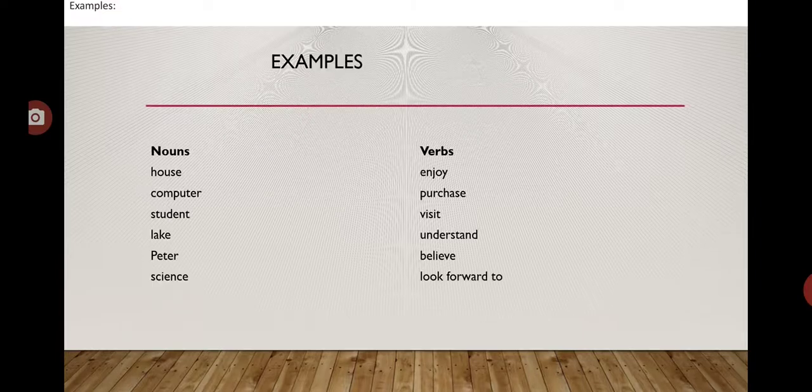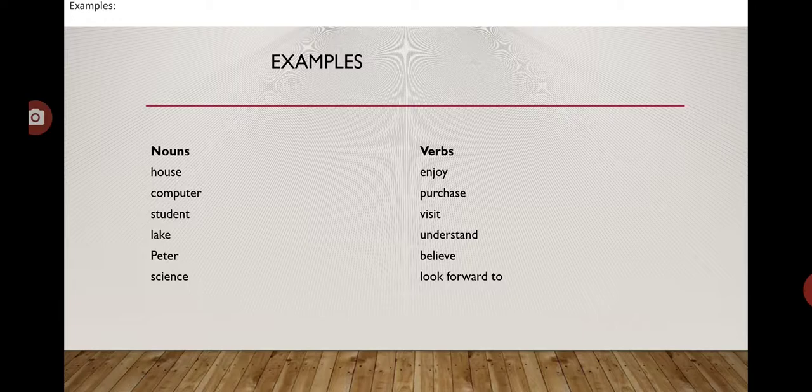In the next part you can see different examples of nouns: house, computer, student. You can add more according to your choice. Verbs: enjoy, purchase, visit, all of these include an action.